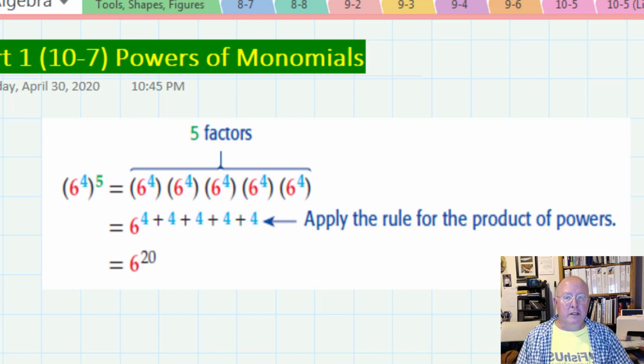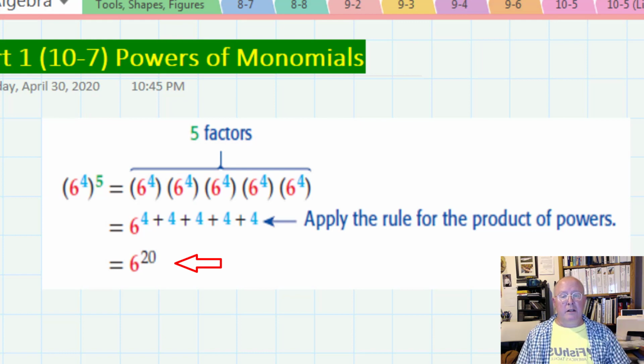That means that 6 to the 4th is multiplied together 5 times, just like the exponent 5. We've learned from the product of powers, the previous section, multiplying monomials, that if you have a series of them like that, you add the exponents. It's 6 to the 4 plus 4 plus 4, and that's 5 times. Well, that's 6 to the 20th, right?